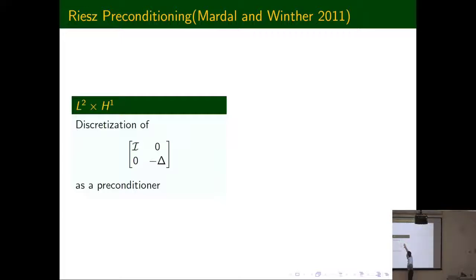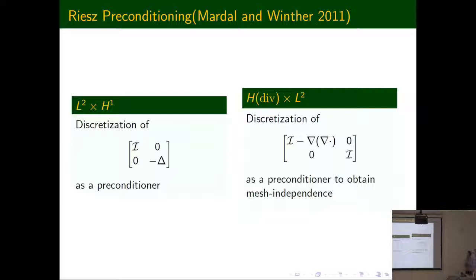If you use this sort of operator as a preconditioning operator for the system, that ought to give you something that's mesh independent. But you can also think about it as, well, I had an HDiv operator, and I'm only really doing mass matrices in the bottom corners, so maybe I could get away with something like this.